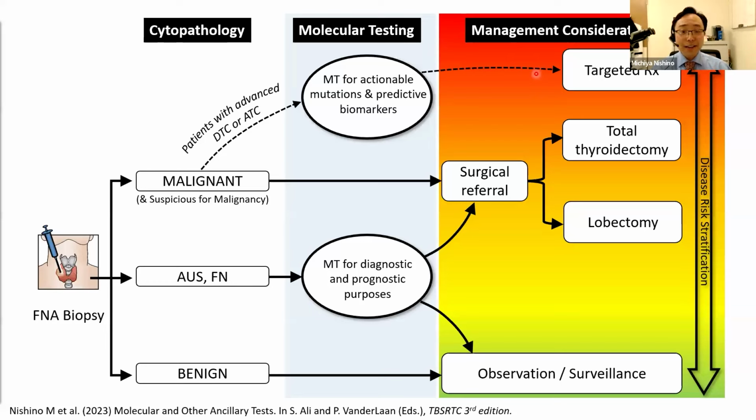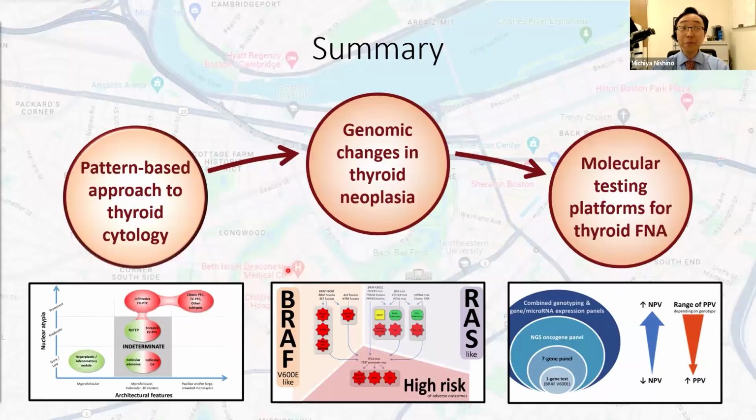It's clear that patients harboring the entire spectrum of thyroid tumors, from benign all the way to the most aggressive types, can stand to benefit to some degree from the integration of molecular diagnostics with clinical radiologic features as well as cytologic evaluation. So that brings us to the end of our thyroid session.